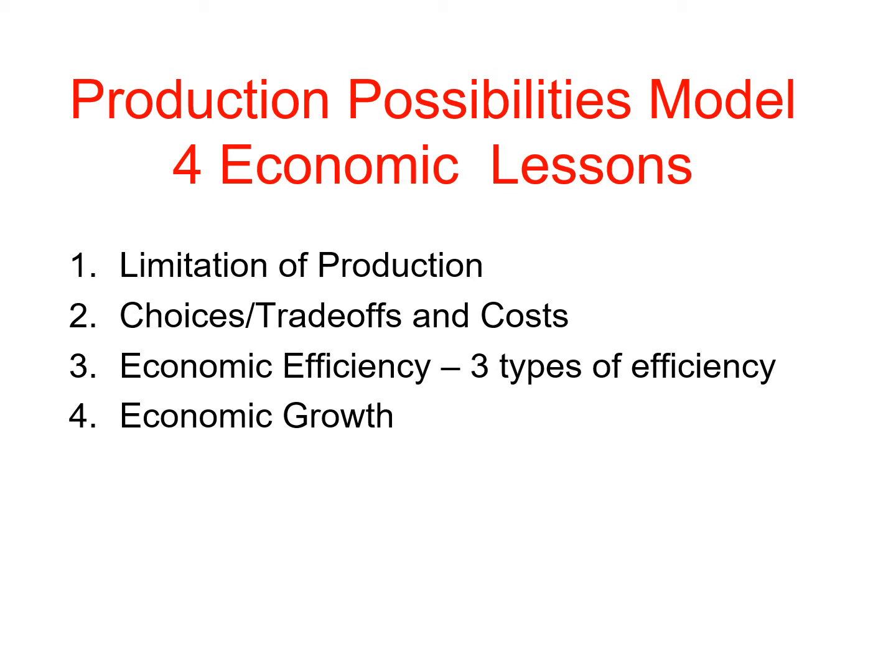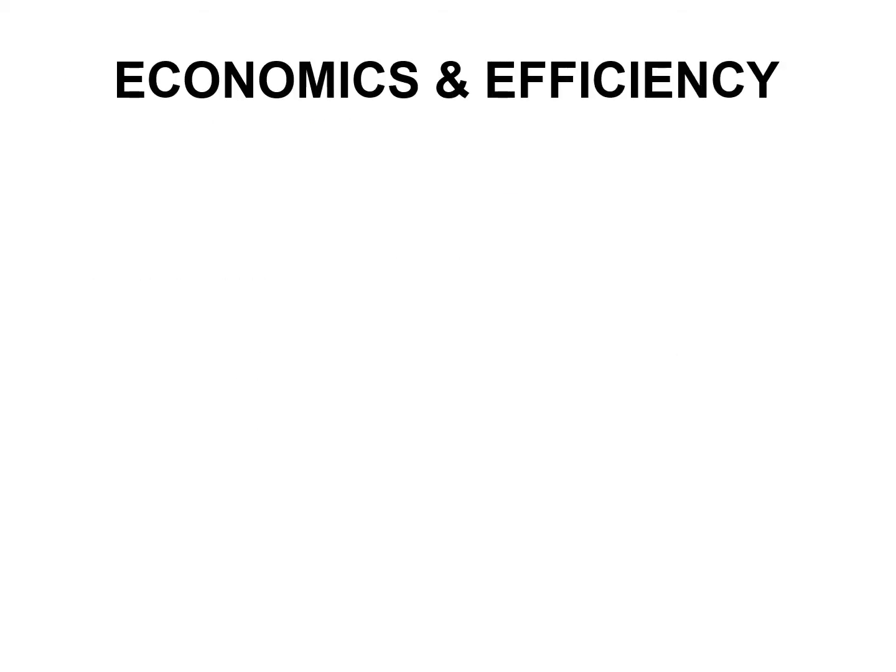The production possibilities model, again, quantitatively and graphically helps economists express the idea of choices, trade-offs, and costs. The model examines the 3 types of efficiency: full employment, productive efficiency, and allocative efficiency. And then the model examines the possibility of economic growth moving forward.